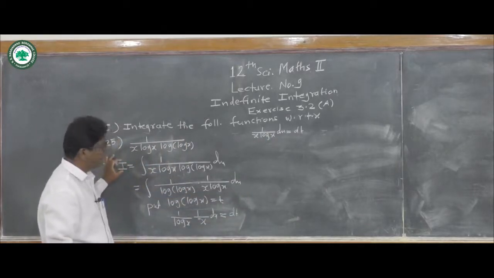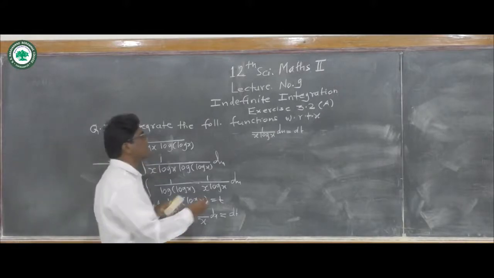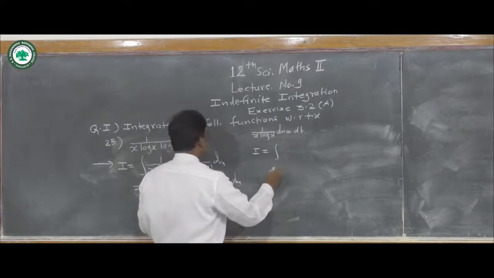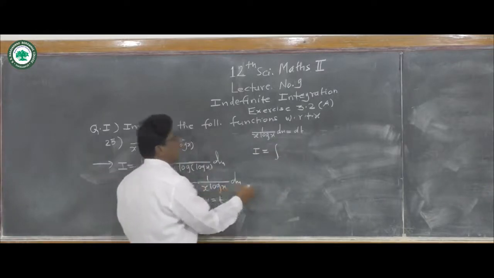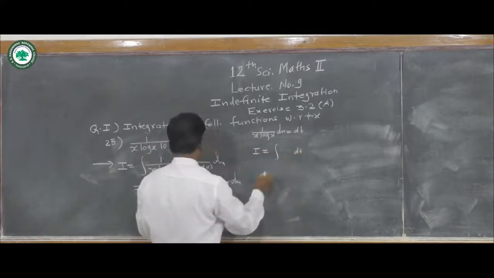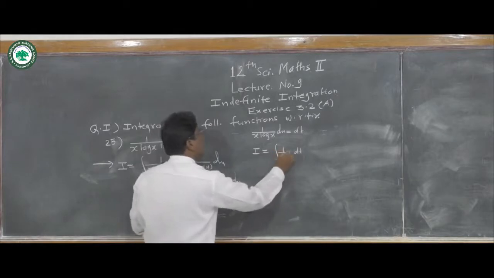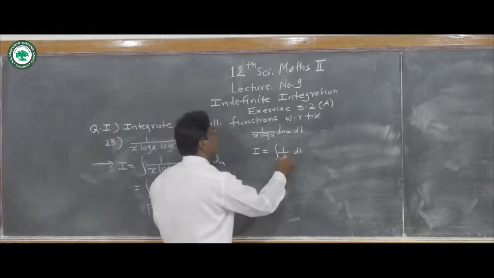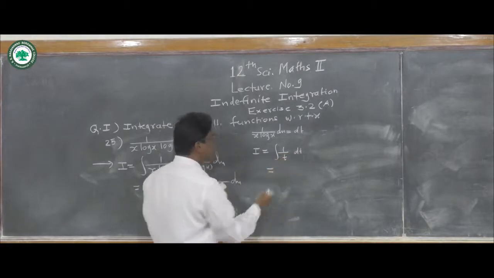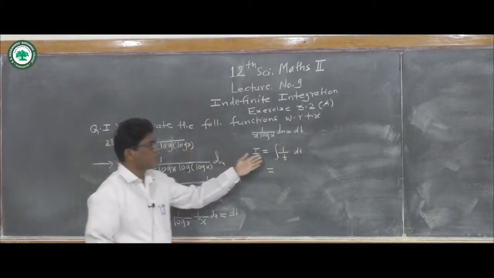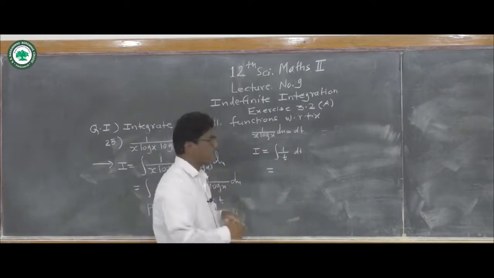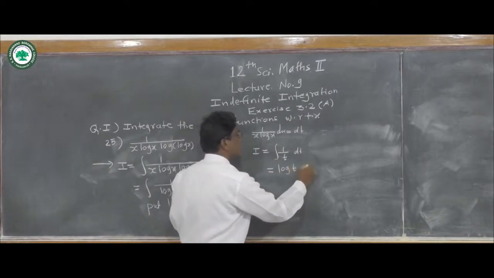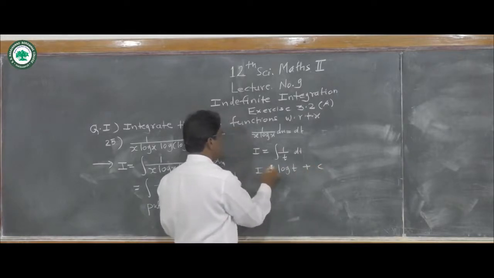Therefore the required integration becomes I is equal to 1 upon x log x dx, it is dt, and in the numerator 1 divided by log of log x as t. So 1 upon t dt, and now it is very simple. Integration of 1 upon t dt, we know that it is log of t plus constant of integration.